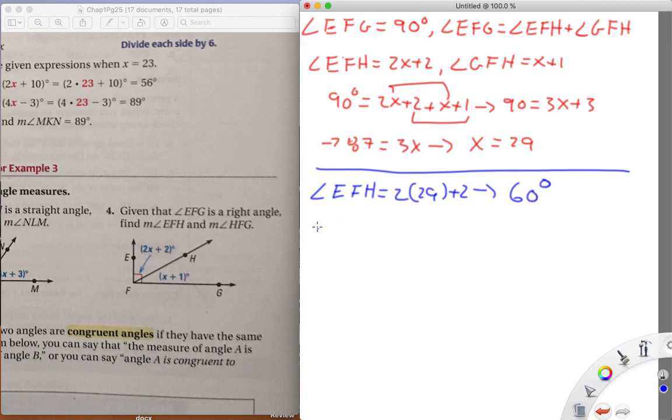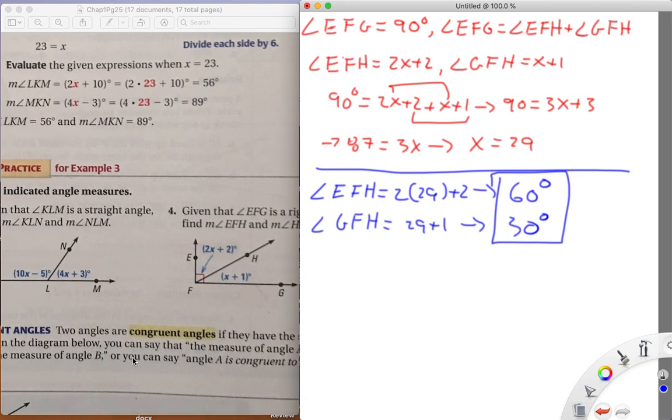And then GFH equals 29 plus 1, which is 30. And then 30 plus 60 equals 90, so that works.